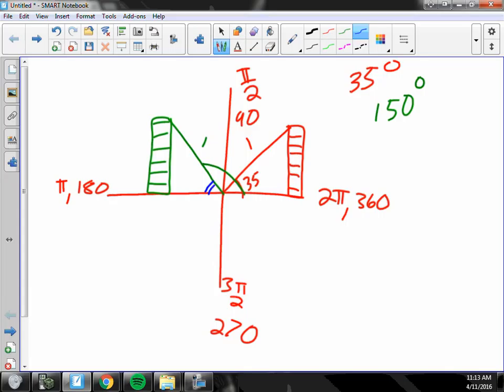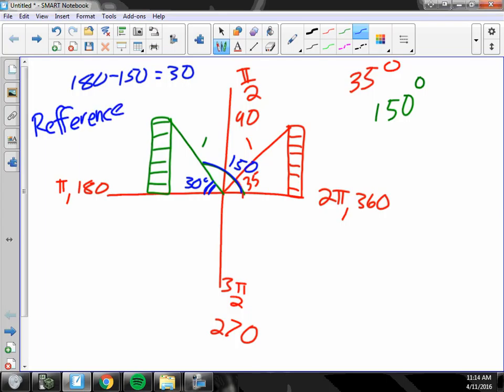How do I figure that out? Well, this angle is 150, so 180 minus 150 would be 30. So that's a 30-degree angle, and that is called a reference angle.